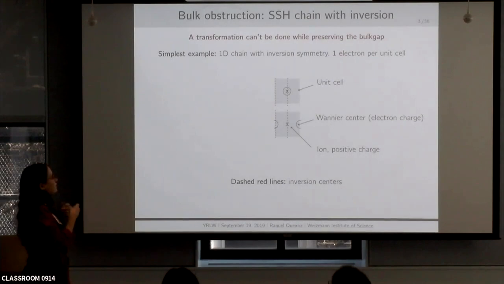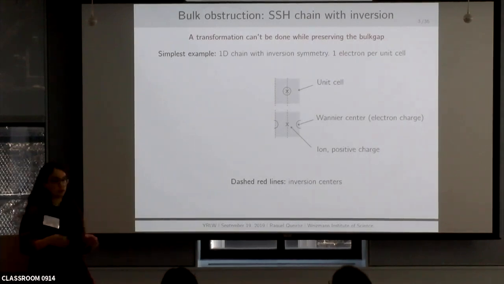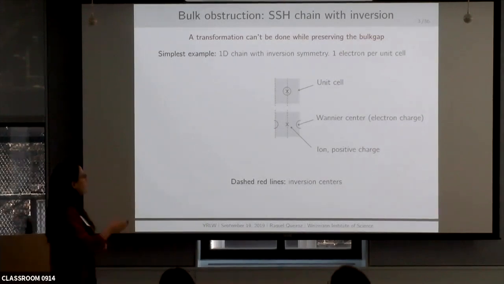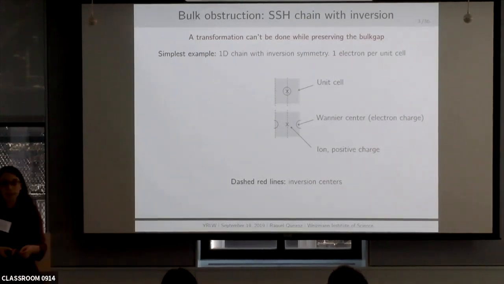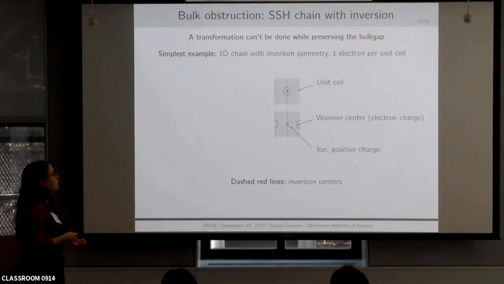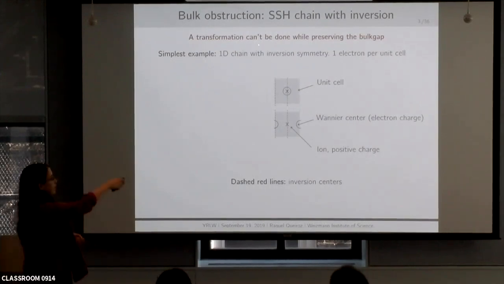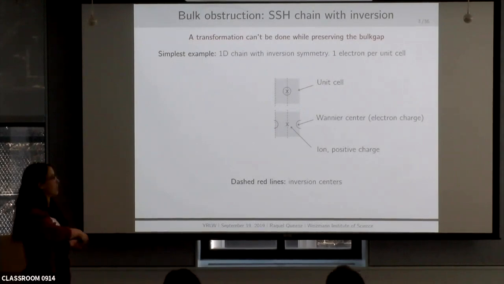The simplest example of this type of system would be an SSH chain, just a one-dimensional chain with one atom per unit cell. If I have inversion symmetry, I'm immediately going to pin the charge of my electron to be at a high symmetry point of the unit cell. So I can either be right in the middle of the unit cell or right at the edge of the unit cell.